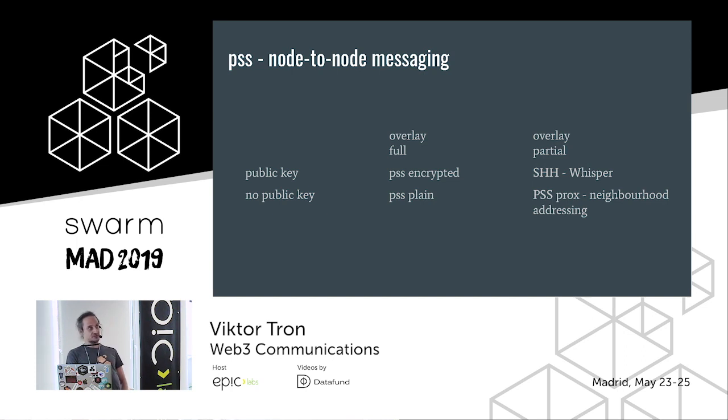There's a special case in the bottom right corner, when no public key is known or given, and there's an unencrypted PSS message sent to the neighborhood and gossiped around in the neighborhood. This is used mainly for service messaging between nodes. So what does that mean? I will talk you through it in the context of the next component.